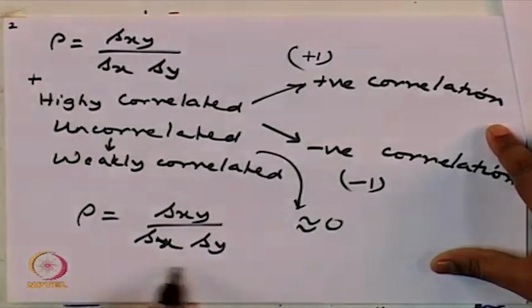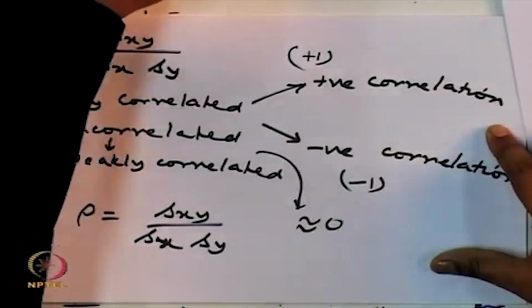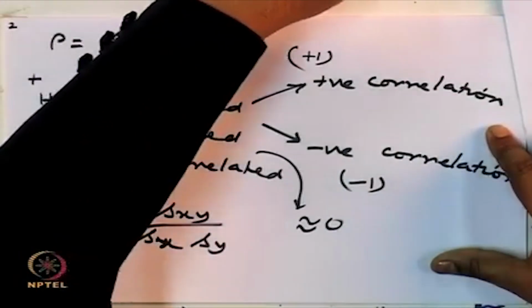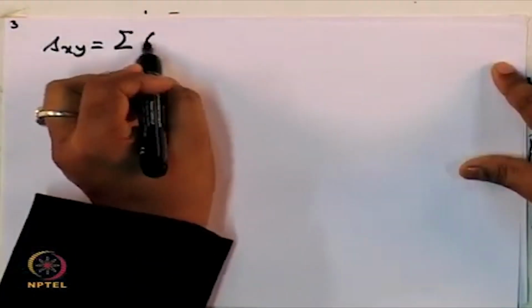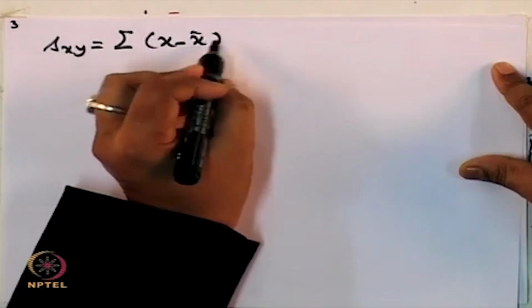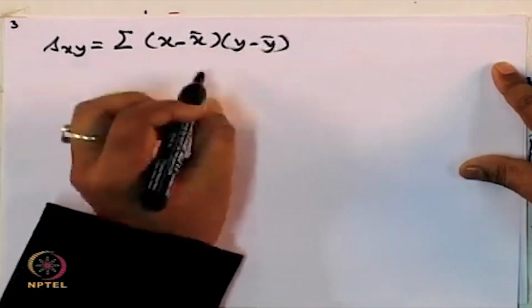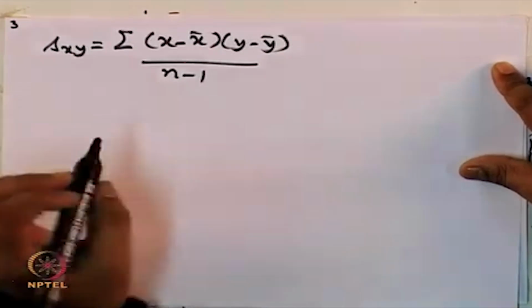Now, if we see our definition of rho and ask how we define the covariance, Sxy is defined as summation of x minus x bar times y minus y bar whole divided by n minus 1.